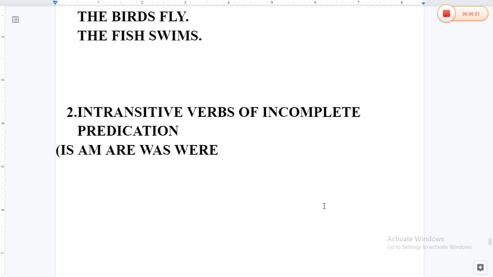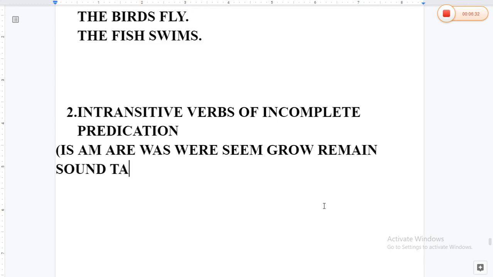Then seem, grow, remain, sound, taste, smell, appear, etc. Let's take some examples.